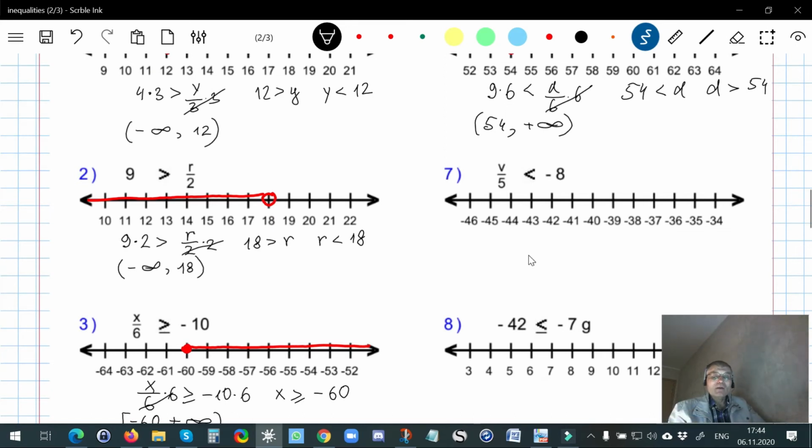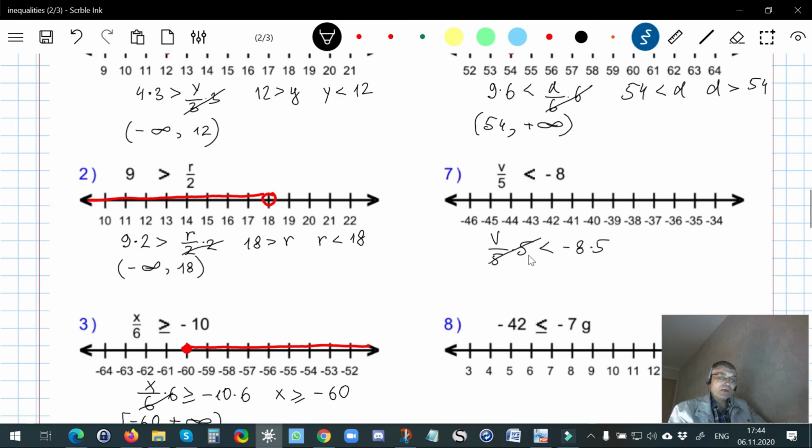Here, this negative sign shouldn't concern us at all. Only this sign matters, and here we don't have any negative signs. So we just multiply by 5 again. V over 5 multiplied by 5 is less than negative 8 multiplied by 5.